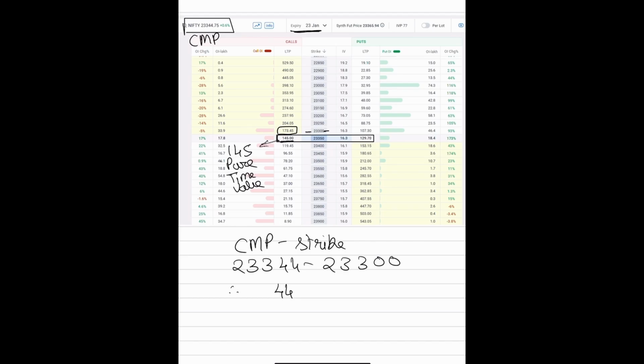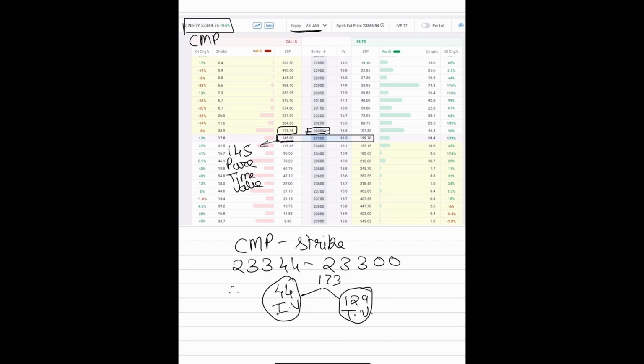So out of 173, 44 is intrinsic value, and the remaining value, that is 173 minus 44, 129, is the time value. Now, if Nifty is to expire here, and you have a call option of 23,300, you will just be left with 44, because if the Nifty expires here, this total time value of 129 rupees will be 0.